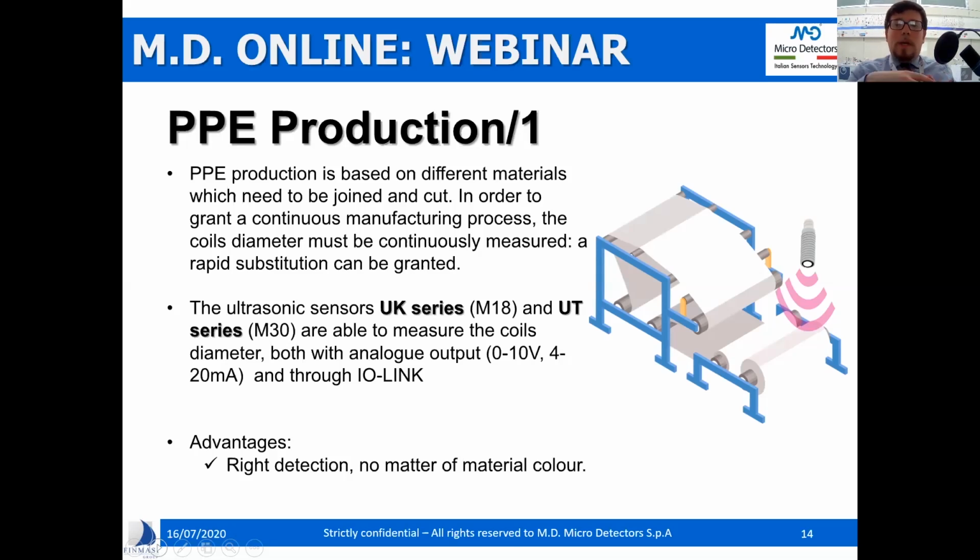Of course, we selected this technology, the ultrasonic technology, because of the independence of its way of working from the color of the target material.